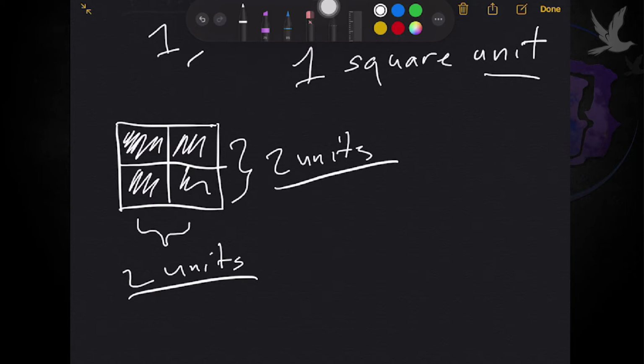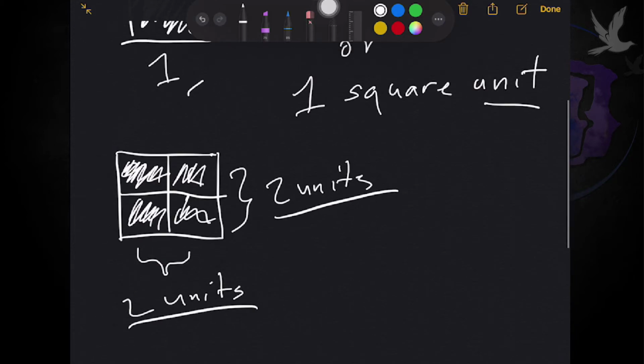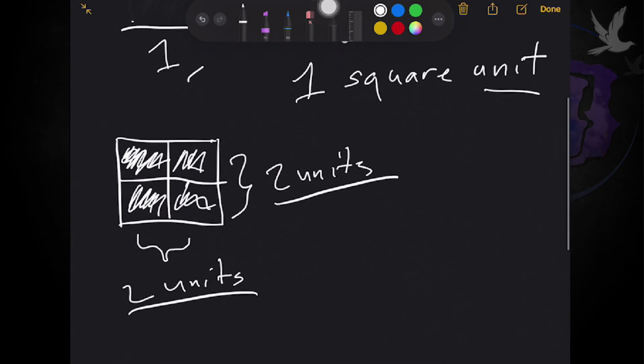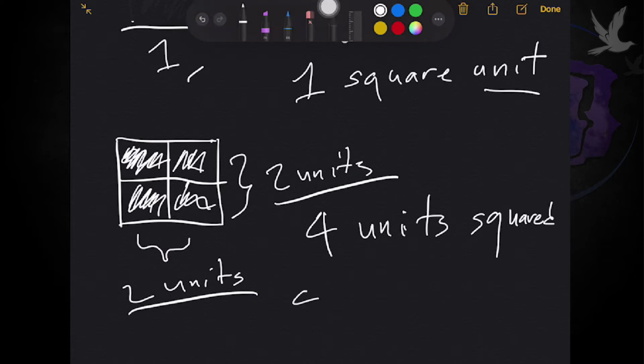If you were able to see the partition, ang pag separate ng parts, we have 1 here, 2, 3, 4, and we can say that this square here has 4 units squared. Or you can just basically say 4 square units.